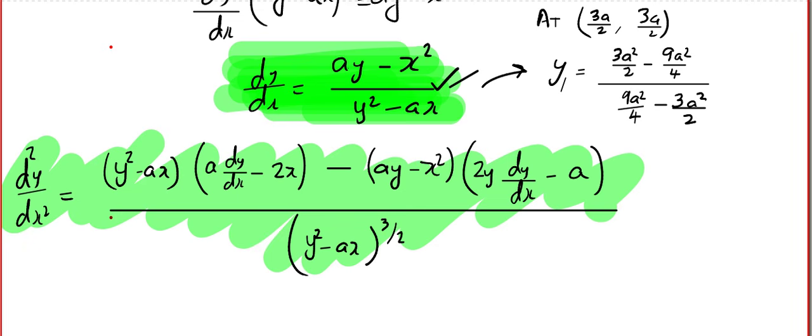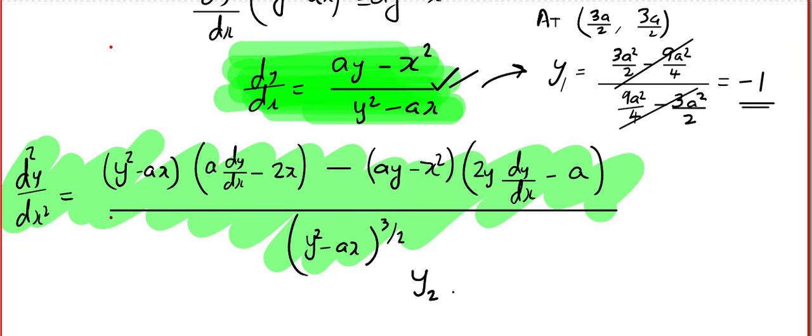You can see the numerator and denominator are like a minus b and b minus a, so definitely this will give you minus 1. No need to waste your time simplifying. It's going to be minus 1.